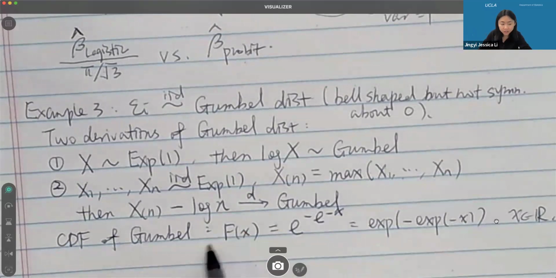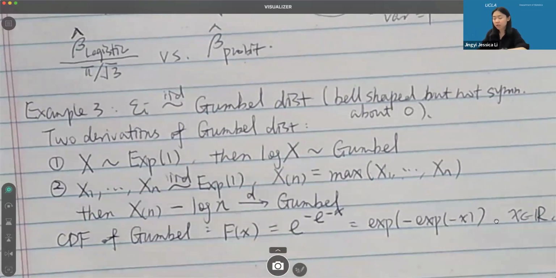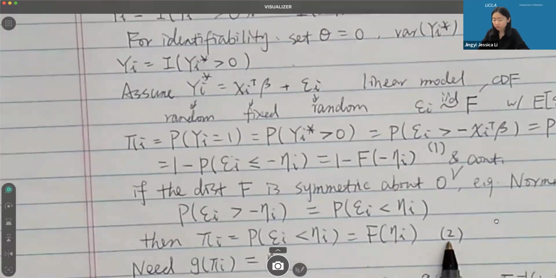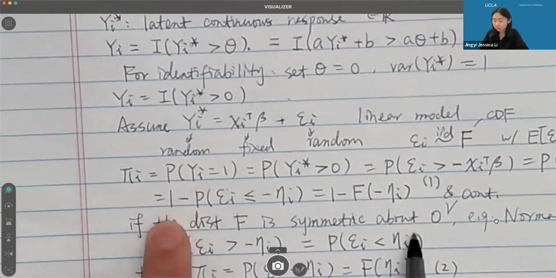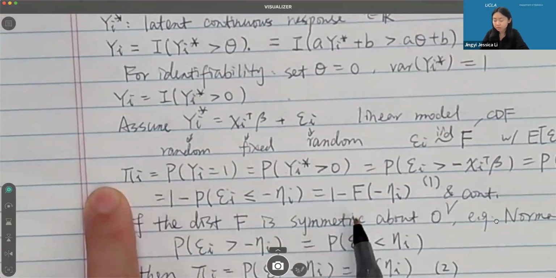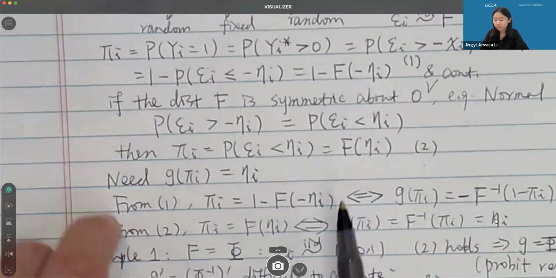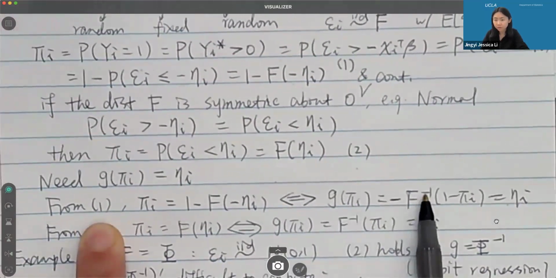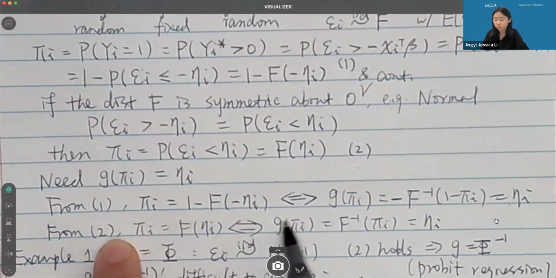Because Gumbel doesn't have a symmetric density function, when we want to go from this distribution to the link function, we have to use the first one: pi i equals 1 minus F of minus eta i. This gives us g of pi i as minus F inverse of 1 minus pi i. We cannot use the second one because it requires symmetry.